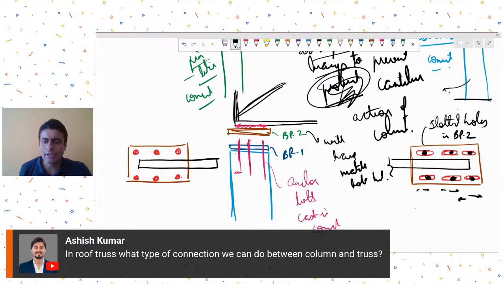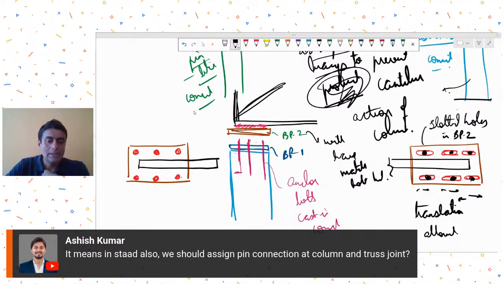Rotations are also not restrained because of the type of system. So translation is allowed, and rotations are also not restrained. That's why we are calling it a roller like assembly. So this is how you could come up with some pin like and roller like system.